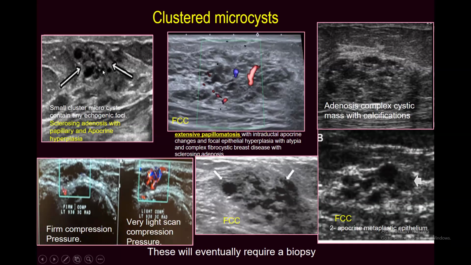And in these examples, we can see cysts and even microcalcifications, in a case of sclerosing adenosis with papillary and apocrine metaplasia.